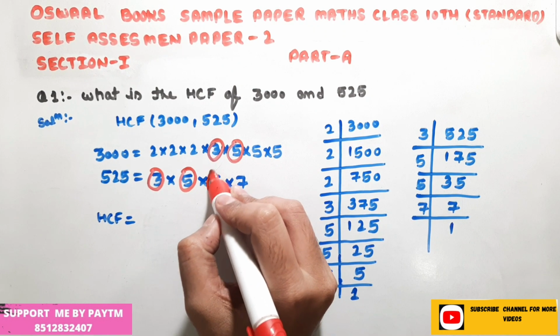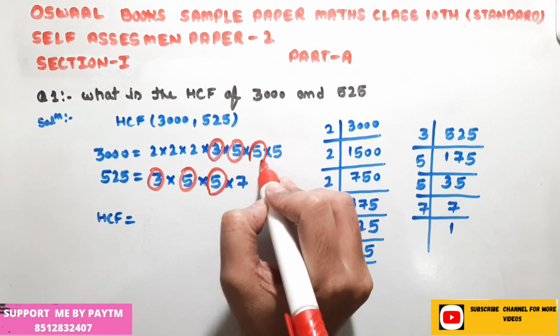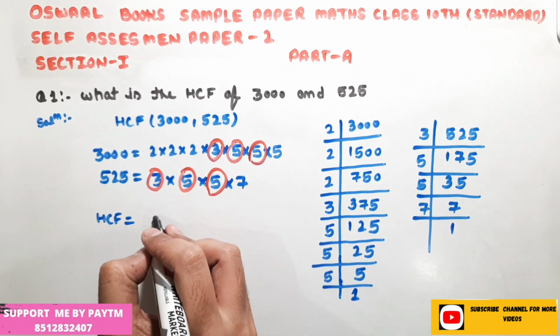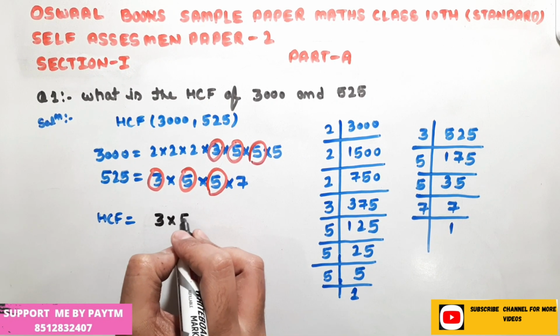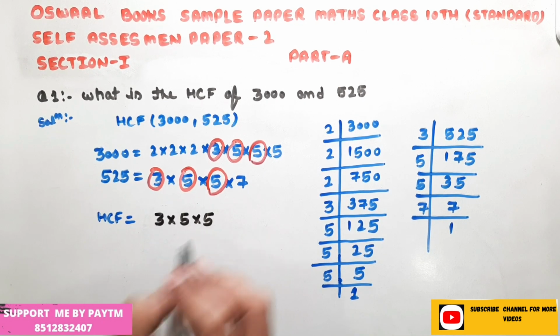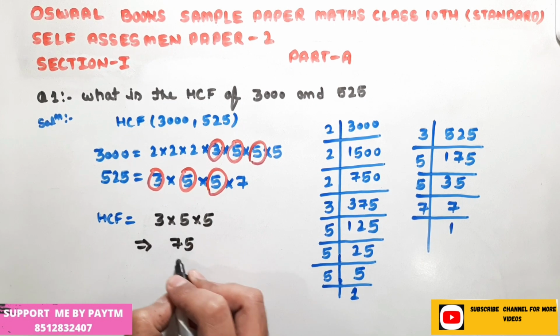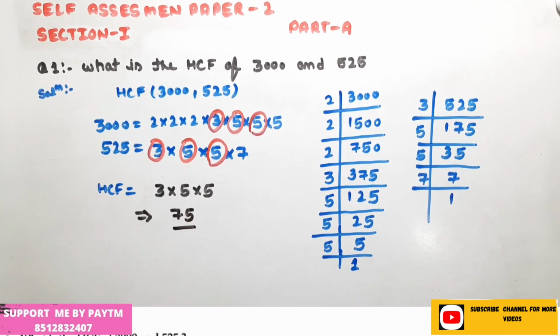Now one more pair of 5 is common, so our HCF will be 3 into 5 into 5, that is equal to 75. This is our answer.